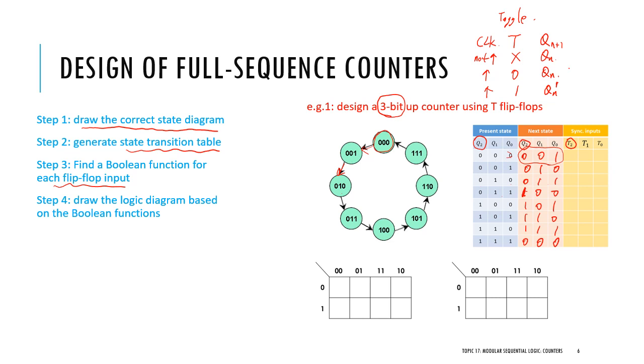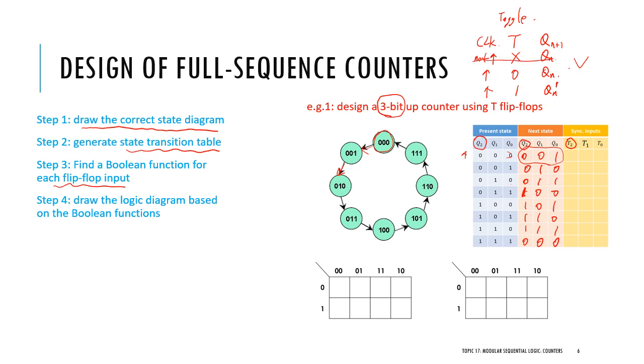Now you need to check on this excitation table, figure out in what case T2, in what T2 value will cause this. So basically 0 to 0, no change, right? And this no change must happen at the clock rising edge.